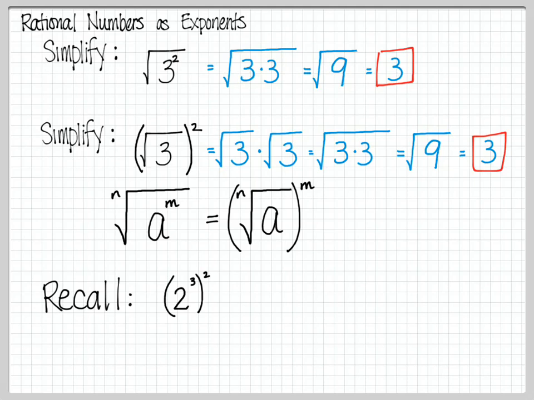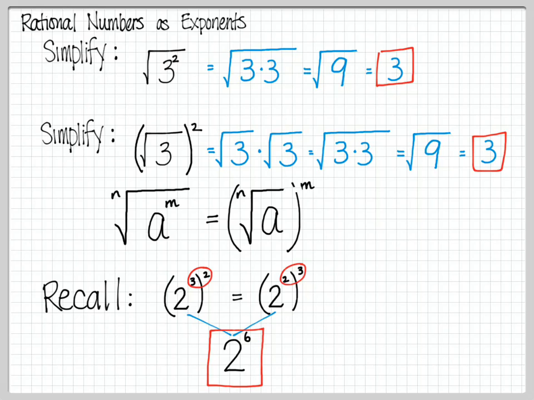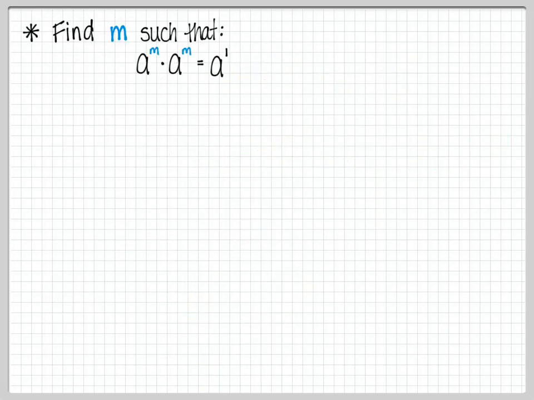Recall that 2 cubed and then squared is the same thing as 2 squared and then cubed, meaning it doesn't matter which order. When you have a power to a power, you just multiply those exponents, so either way, that's going to be 2 to the 6th. So this is just a little bit about radicals and how a power in there doesn't make any difference to the order, the same thing with just exponent rules.